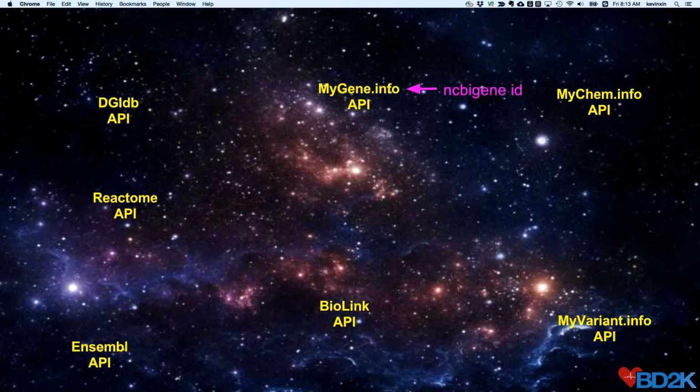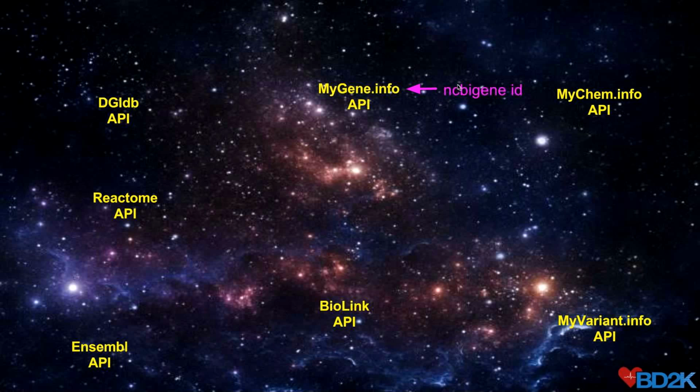So you can see, for example in the case here, MyGene.info. One of its inputs, we know from the OpenAPI specification, is NCBI gene ID. And we also know that once it takes NCBI gene ID, two of the possible outputs are HGNC ID or HGNC symbol. We also know there is another API, the disease gene interaction database, DGIDB, and what it takes is HGNC symbol.